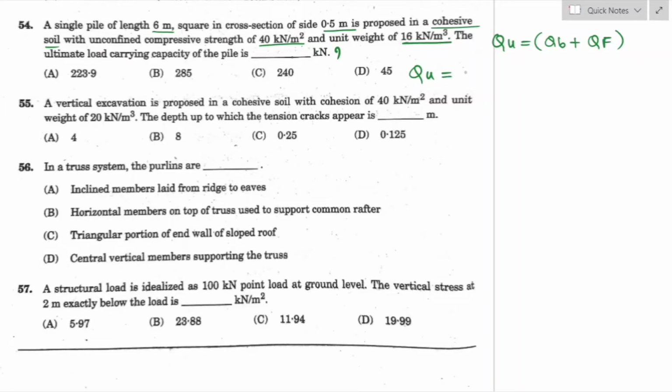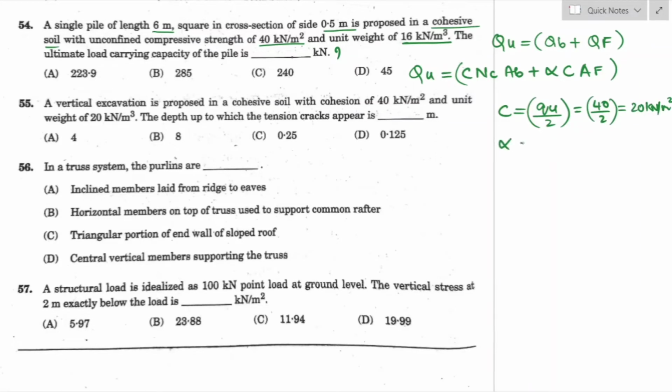So ultimate load carrying capacity is C NC into area of the bearing plus alpha into C into area of the friction, where C is the cohesion value, which is half times the unconfined compressive strength. So it is 40 divided by 2, which means it is 20 kilonewton per meter square. Alpha value is 1. Area of the bearing is A square, so 0.5 square, which is equal to 0.25 meter square.